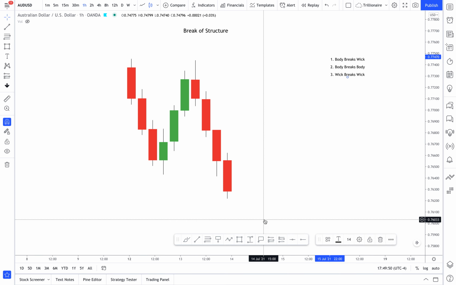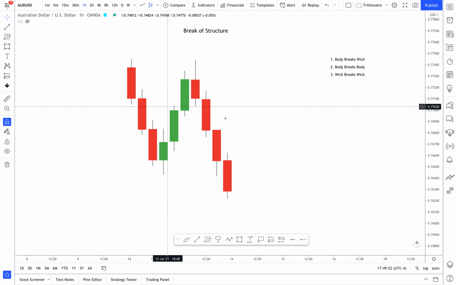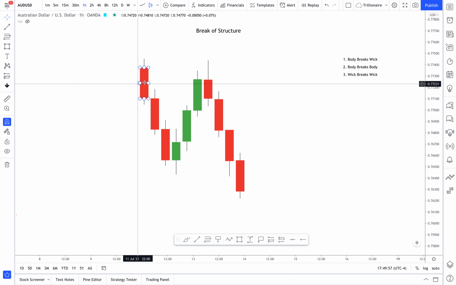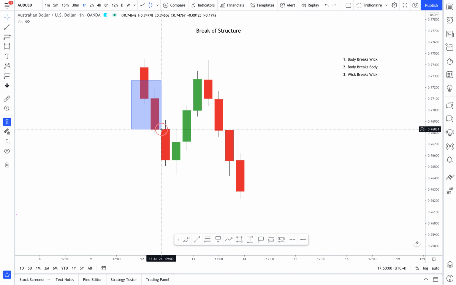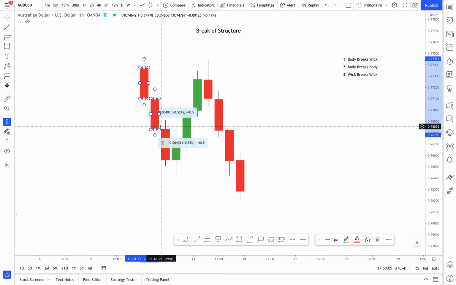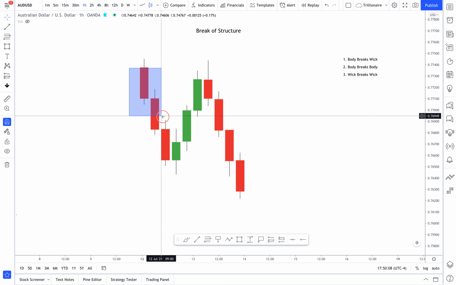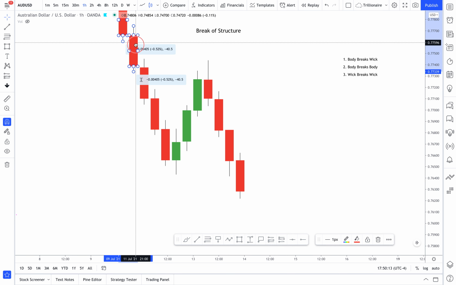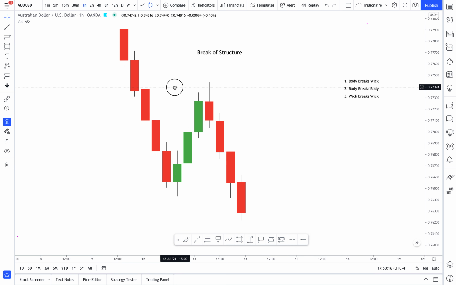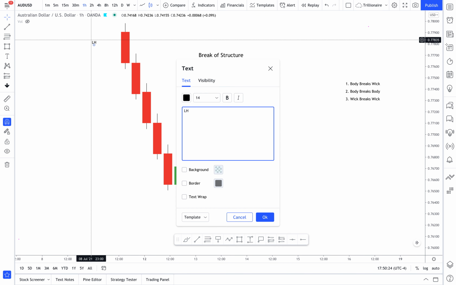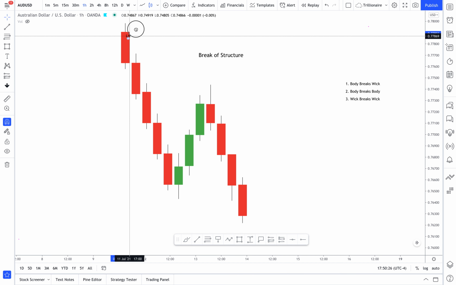Before we get into it, we're going to start off with this mock-up right here. Let's assume price comes from a lower high right up here.